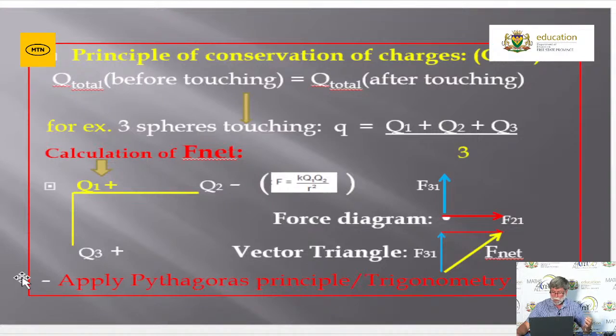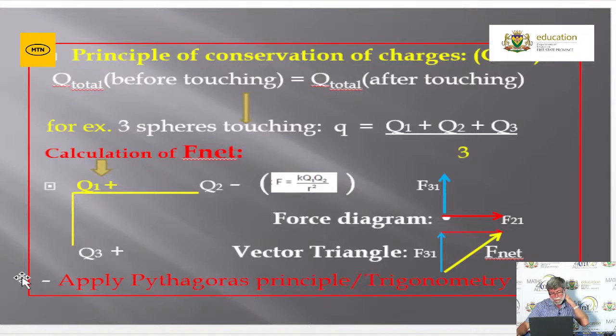And remember always, after touching, the spheres will always have the same charge, or they all will be positive, or they all will be negative, and the magnitude of the charge on each sphere will be the same, because we are working with identical spheres. So that must be the same in magnitude and in type of charge after separating the spheres from each other.